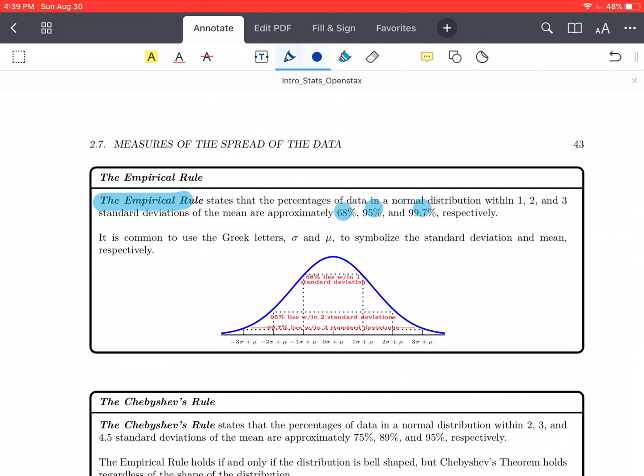It means that in a normal distribution, so a bell curve, 68% of the data is going to lie within 1 standard deviation of that mean. 95% is going to lie within 2 standard deviations of the mean, and 99.7% lies within 3 standard deviations of the mean.